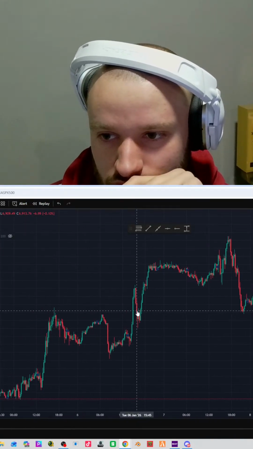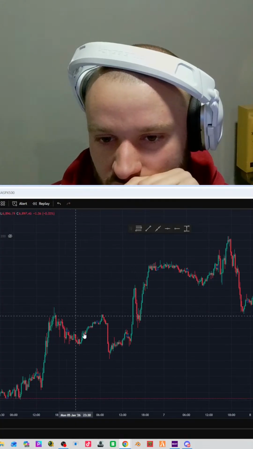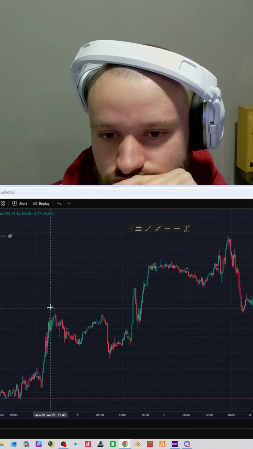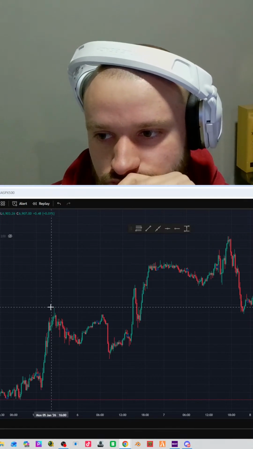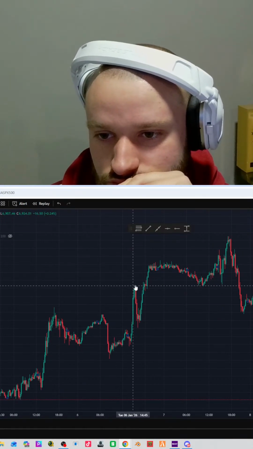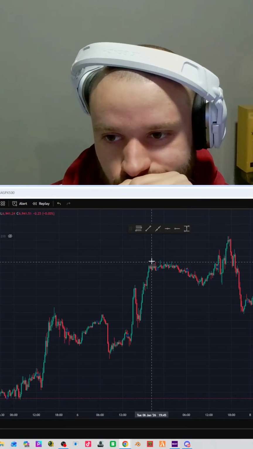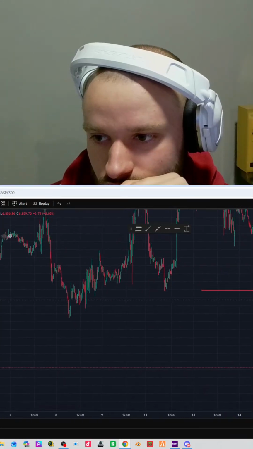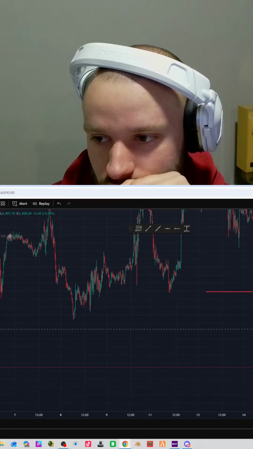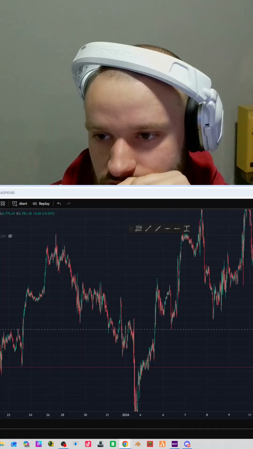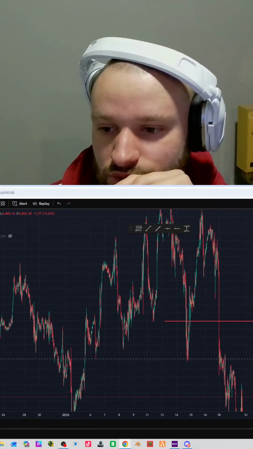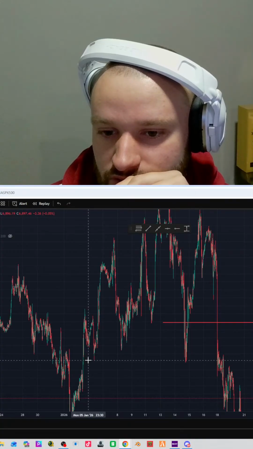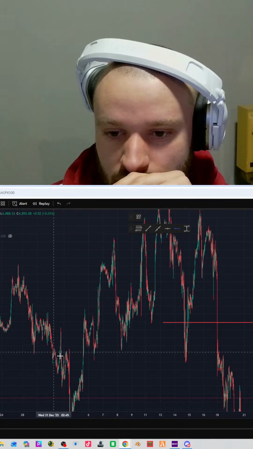This got to be a liquidity sweep over here. This is a really long-term liquidity sweep right here. That's, I feel like, a good example.